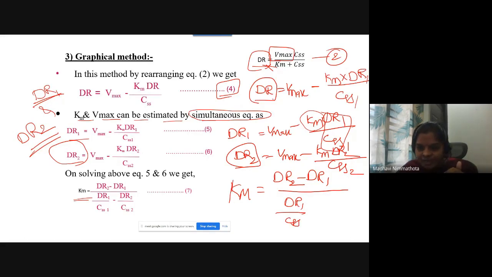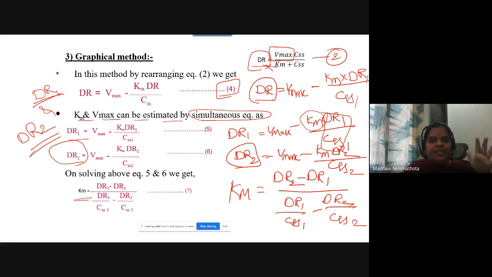So this is the equation for estimating the Km and Vmax. We can get these fifth and sixth equations like this. So this is your seventh equation.